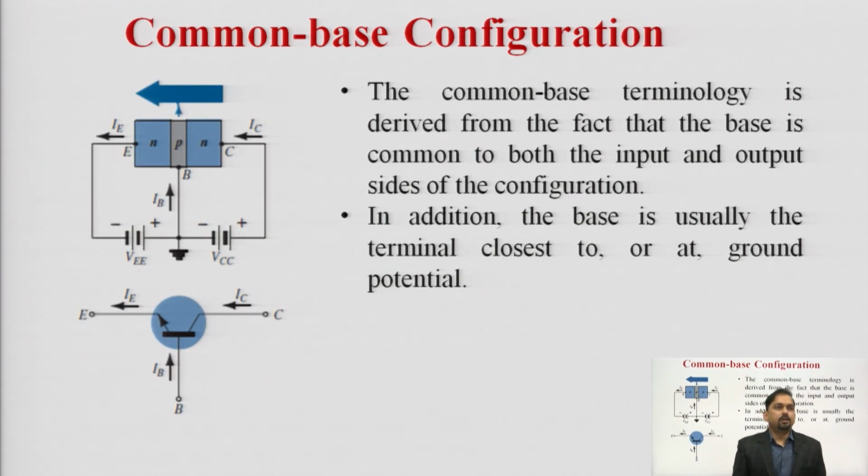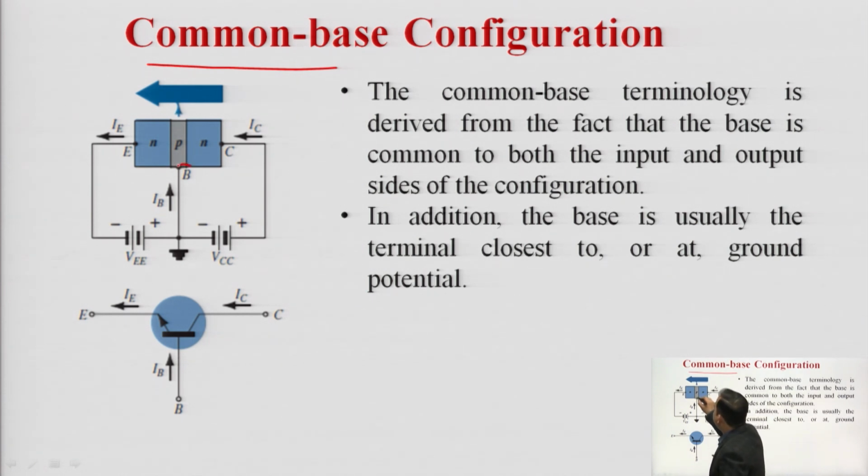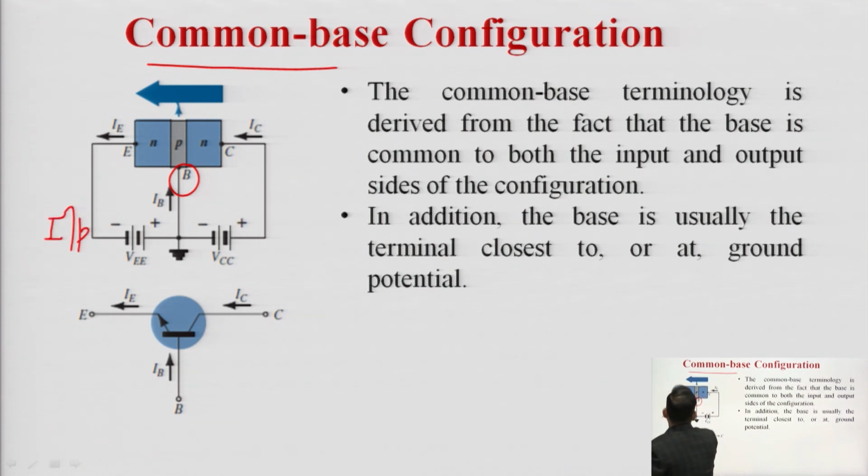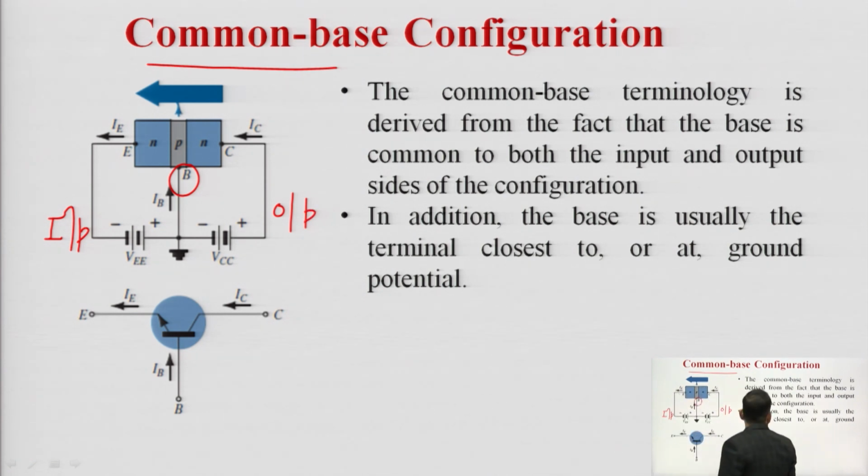After that we have the common base configuration. Common base configuration means this word common is due to the fact that the base terminal is common to both the input side as well as the output side, or it is sometimes referred to as the base terminal being grounded.